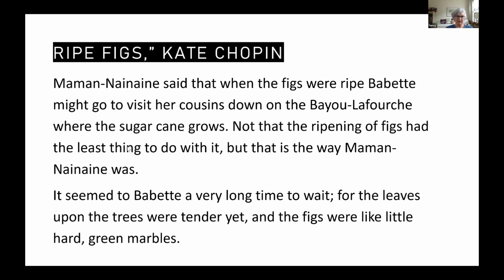Anything else there about the tone, the mood of the story? Maman Nanane is set in her ways. Yep, she's set. And why? Maybe the people are not that wealthy. Certainly Babette and Maman Nanane, they don't seem to have much.